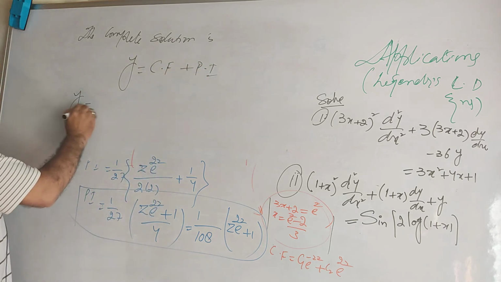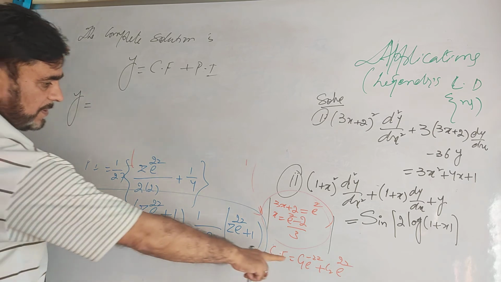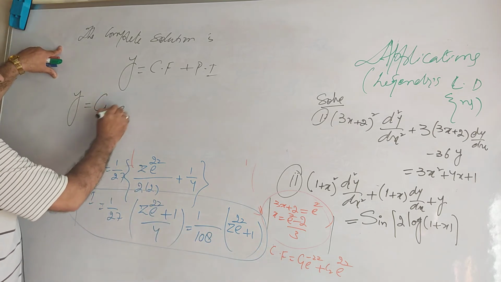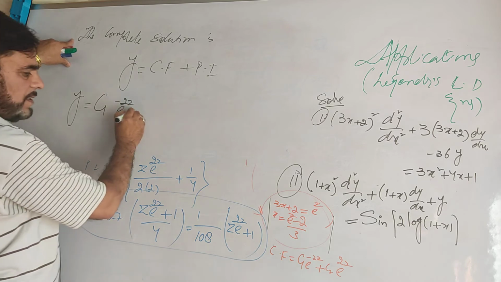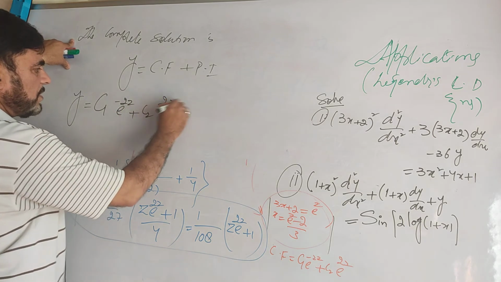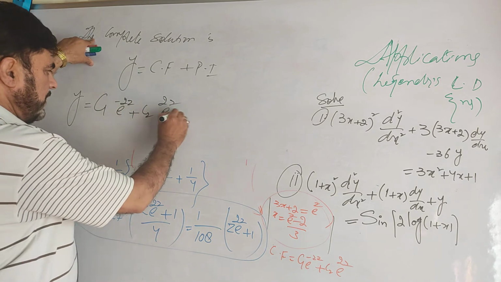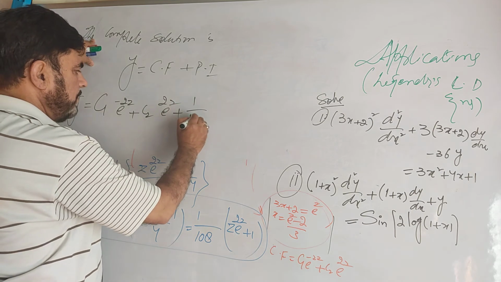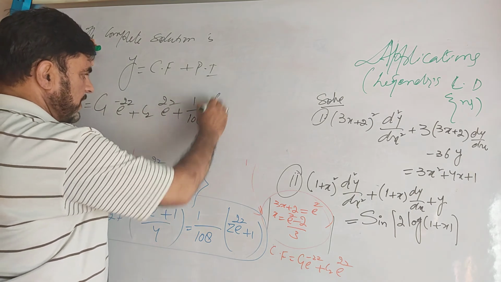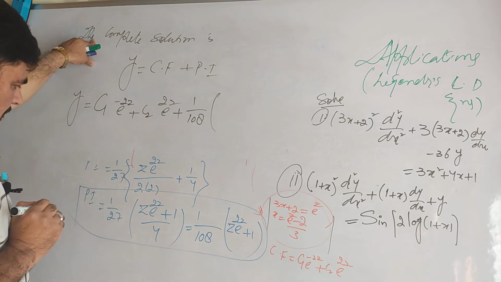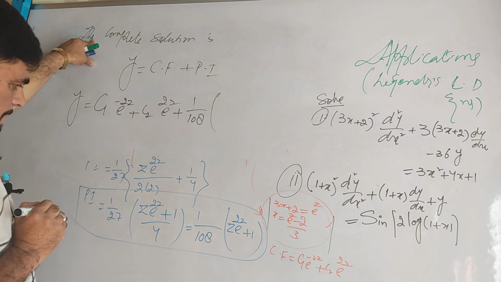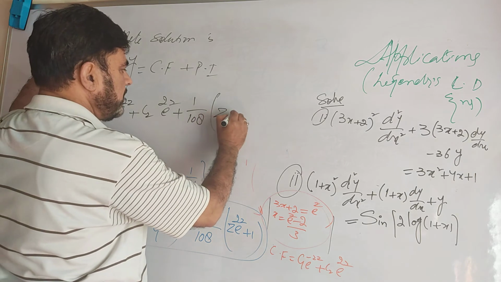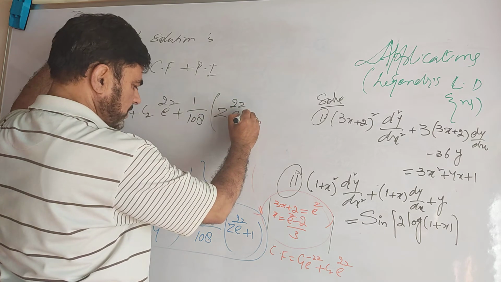This complementary function is c1 e raised power minus 2z plus c2 e raised to power 2z, then plus 1 by 108, z e raised power 2z plus 1.